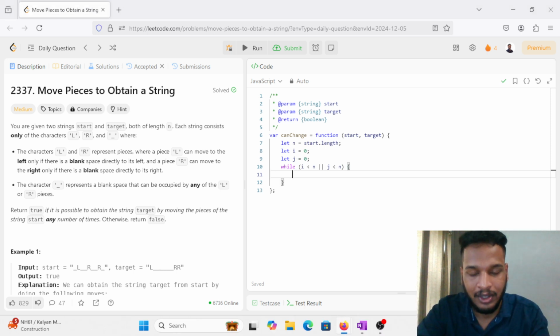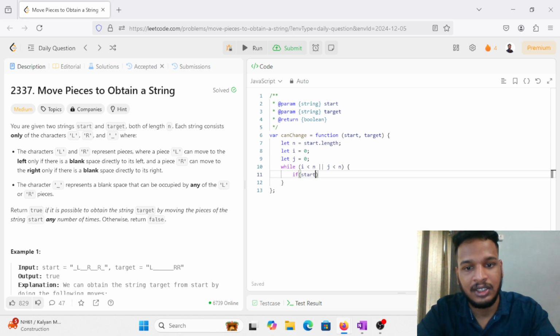Now I put my condition: while start of I is equal to the underscore blank spaces and I is less than n, then I do simply I plus plus.